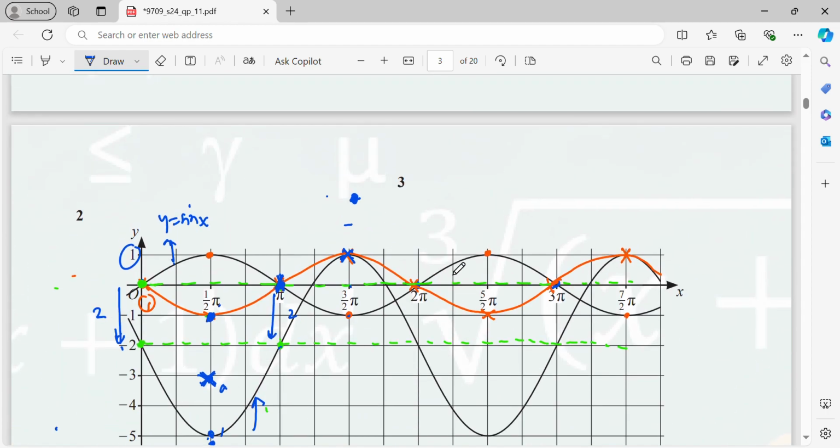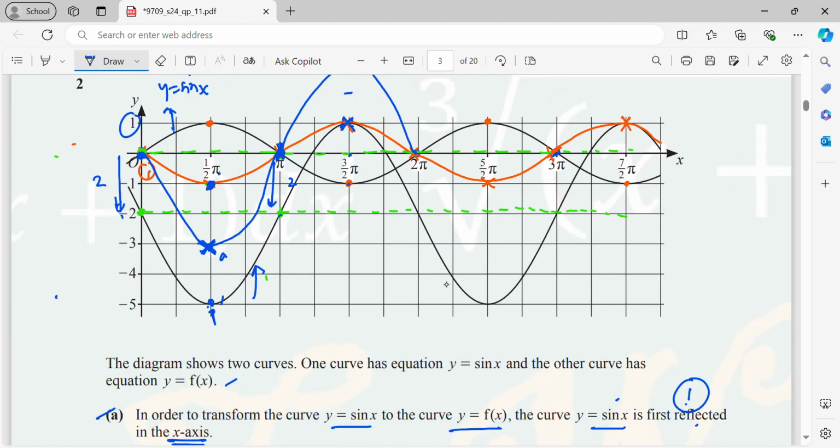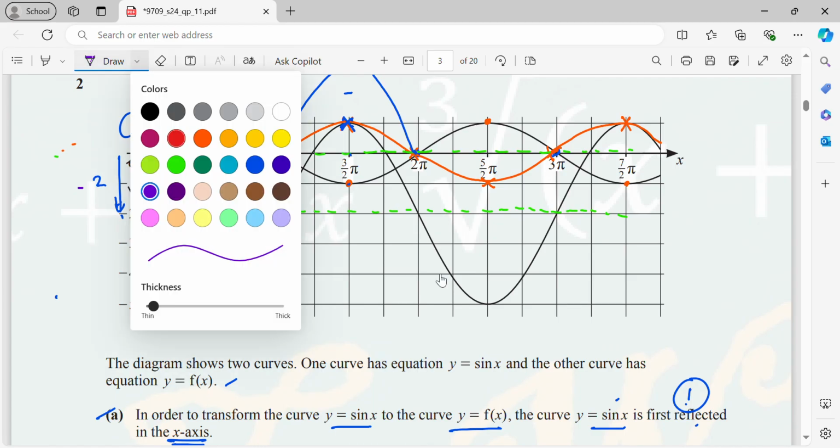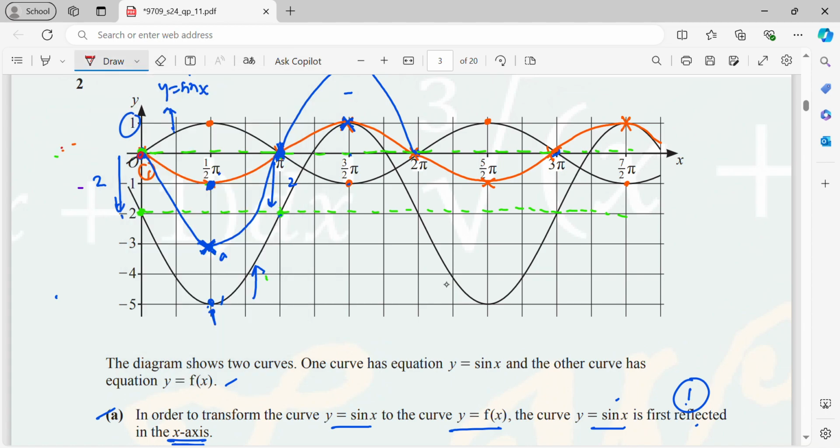Okay, after that, look at here, I will be getting all these points, and here going up. So these points will remain. And now the second transformation is, from this point, move down 2 units.